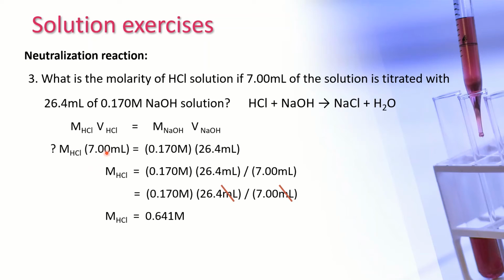You just substitute the values of the acid and the base in this equation, which is MV acid is equal to MV base. Then you get the molarity of HCl, which is equal to 0.170 M times 26.4 ml over 7 ml. You cancel ml, you are left with molarity. So concentration of HCl is 0.641 molarity.